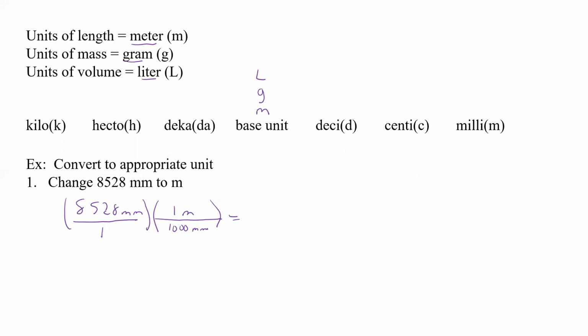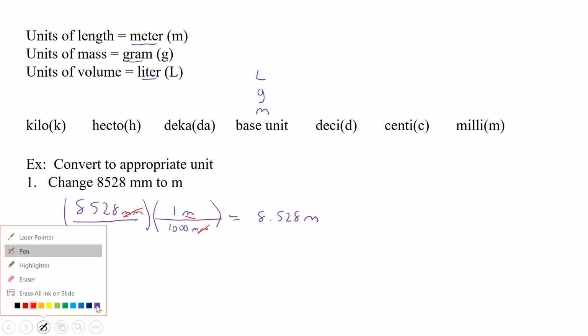If we take this number and divide it by this, we're moving it basically 3 places. So that's going to give us 8.528 meters. After we do our conversions, the millimeters are gone, and we're left with meters.